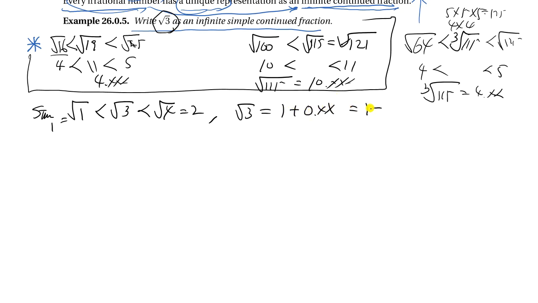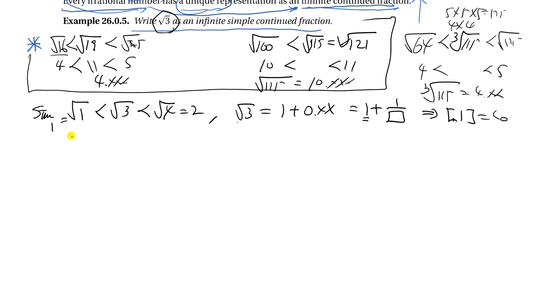And that is the same as 1 plus 1 over certain things, right? Which you don't know. But that is enough to claim that a sub 0 is 1 for square root of 3. Okay. So not directly equal because this one is square root of 3, but we can say just 1 is a sub 0. Okay.